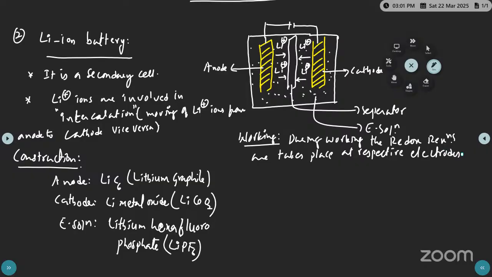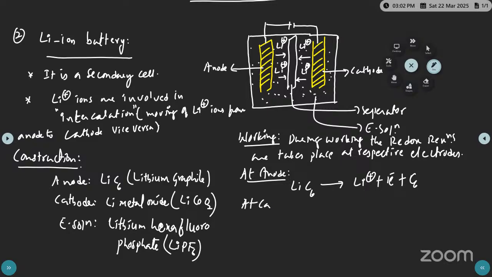At the anode, which is lithium graphite, LiC6 undergoes oxidation by loss of a lithium ion and 1 electron, leaving C6. And next, the cathode reaction.